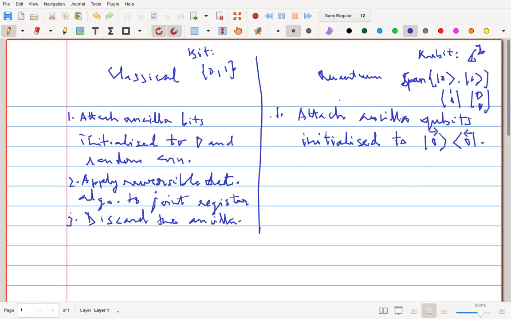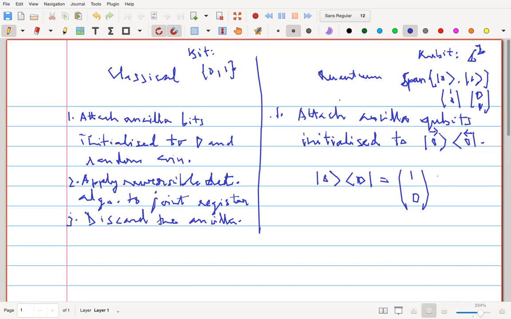So what is this? This is the diagonal density matrix. Remember ket0, and this is what is called bra0. Bra is just the conjugate transpose. So ket0 was the zeroth computational basis vector, and ket1 is the first computational basis vector.